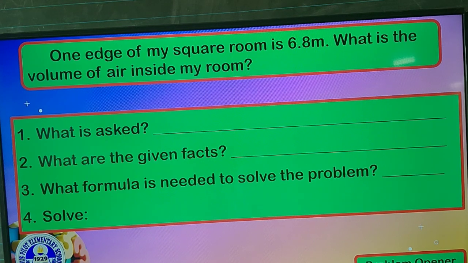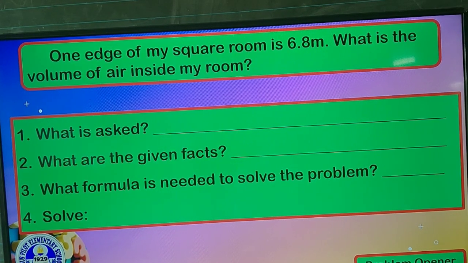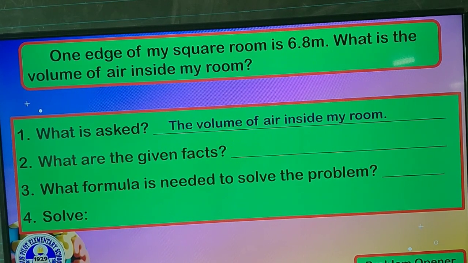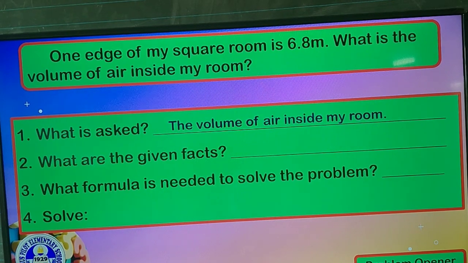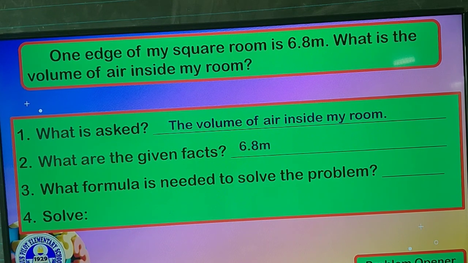Okay, very good. The problem asks about the volume of air inside my room. And what are the given facts? The given fact is only 6.8 meters. Why only one? Because in our problem it is stated that the room is square.